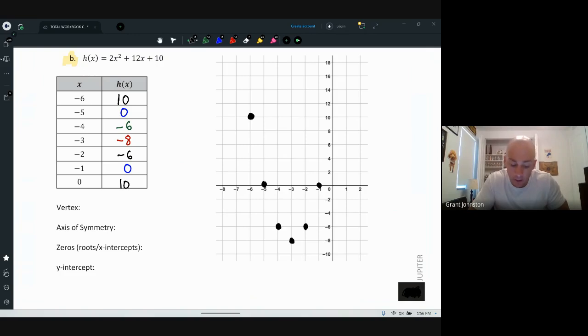Negative 1, 0 is here. And 0, 10 is here. And look how nice that looks. It looks exactly like it should. A nice, beautiful parabola. Curves really pretty. Everything looks symmetrical. It's all good.